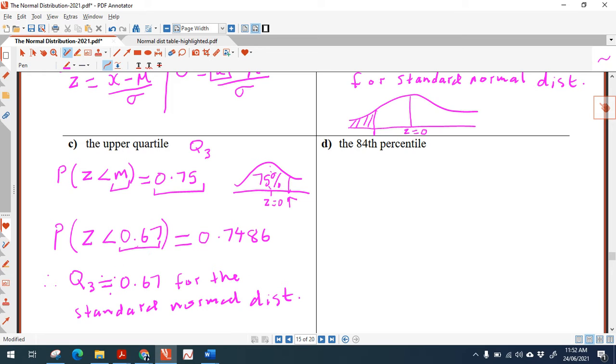Okay, so don't forget, the median that we're finding is for the Z distribution. So this number here, if you've got the answer, is a z-score.